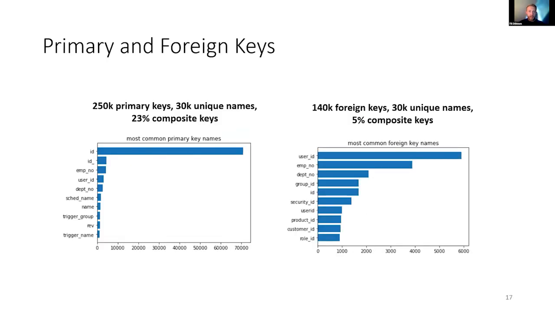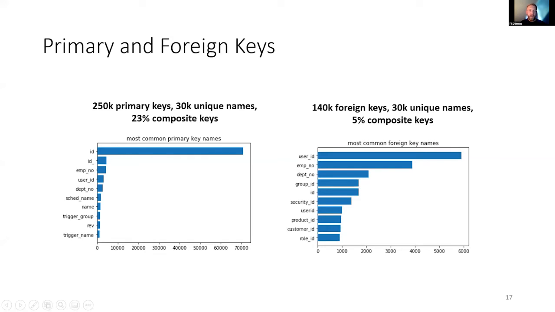For primary and foreign keys, we have 250,000 primary keys, the most common being ID, as we could expect, and 140,000 foreign keys, 30,000 unique names, and a low amount of composite foreign keys. They are not that common in this corpus, it seems.